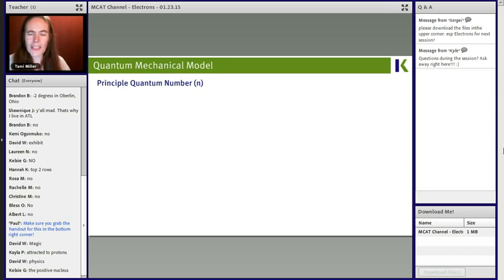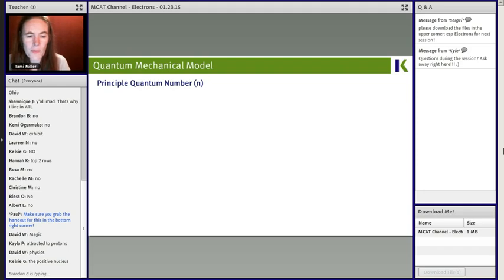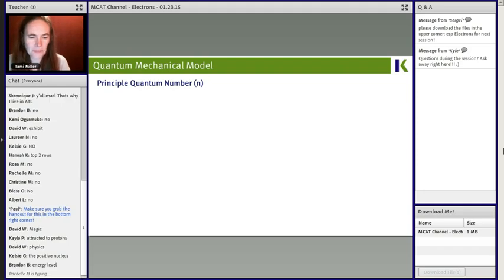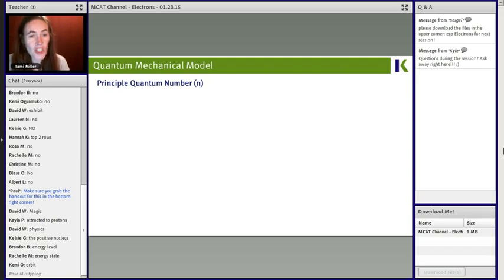All right, let's get into the different things that we have to know. We're going to start with the principal quantum number. Principal quantum number, or n, tells us what about where our electron is? Yes, this gives us our energy level. This gives us our shell. Perfect. Kemi, we're going to get to the orbital in just a minute.